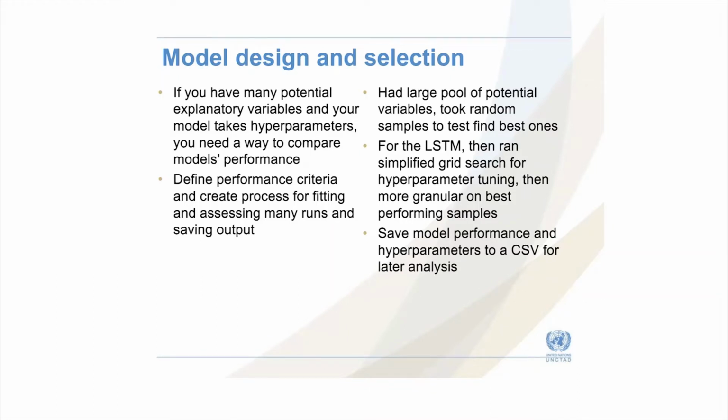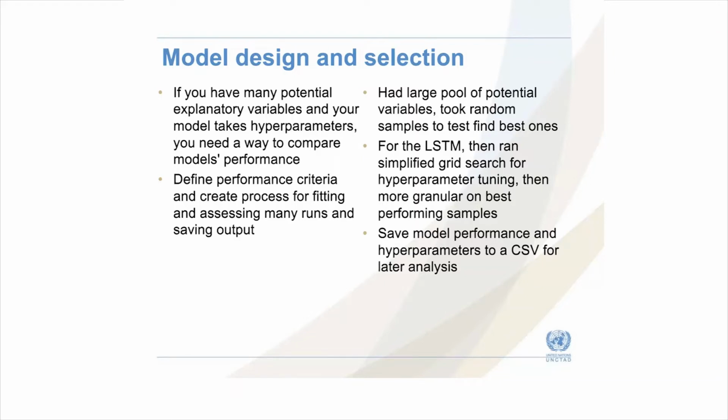So for the LSTM, bearing in mind those hyperparameters, we use something called grid search, where you have a list of all of your potential hyperparameters, and then a list of all the potential values for each of those hyperparameters. Then you run the model for all of the different permutations of those hyperparameters and save the performance of them, so that later on you can pick the best performing model and the best hyperparameters for your use case.